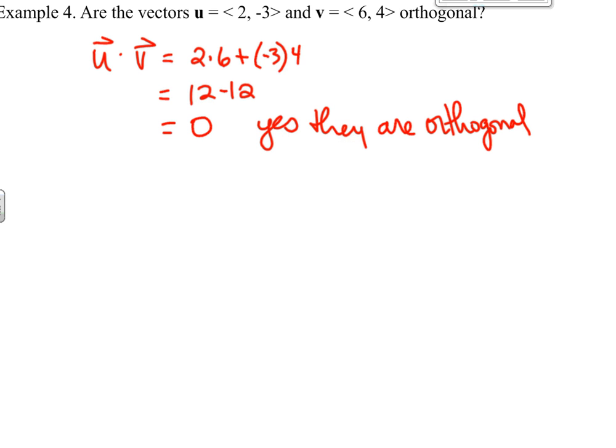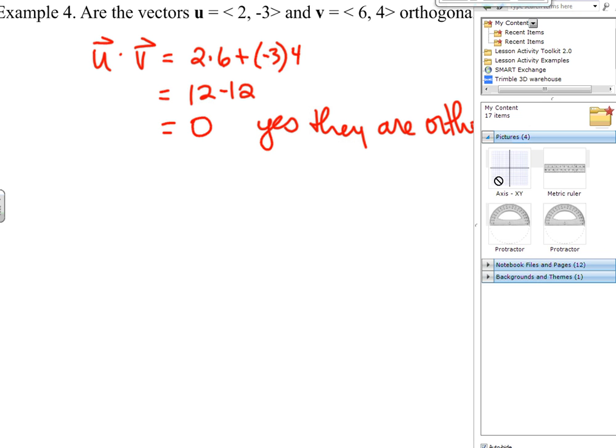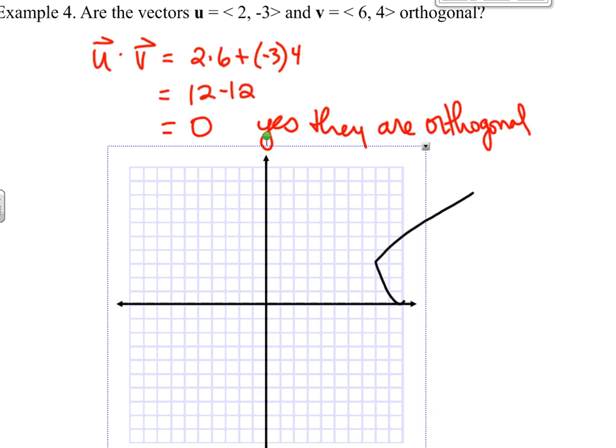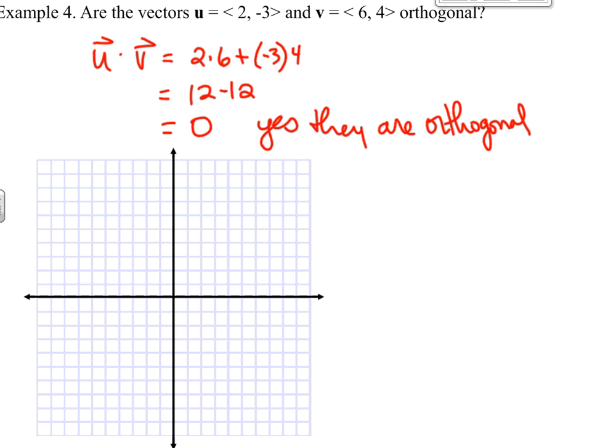And when I did this, I also plotted them. If you're uncertain or you ever want to validate something like that, using a graph is always a good idea. So if I put those with the origin as the initial point, 2, -3, 1, 2, 3 is right there.